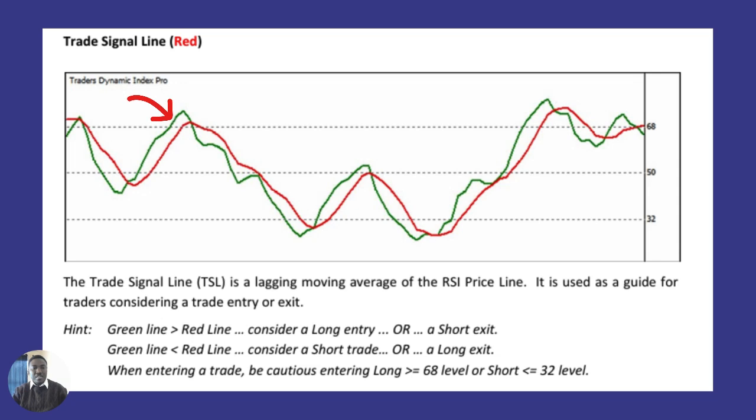Remember, if you read the hint: green line greater than red line, consider a long entry or a short exit. So when the green line is crossing above the red line, it's a signal for a buy, or you close your sell. If the green line is crossing into and is below the red line, it is a sell entry, or you close your buy.